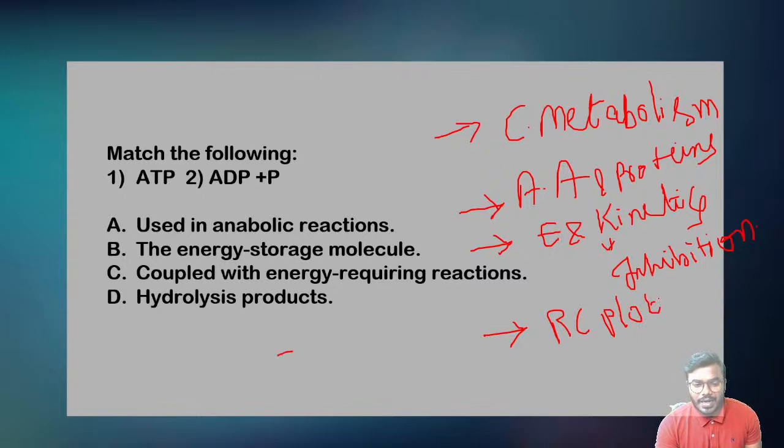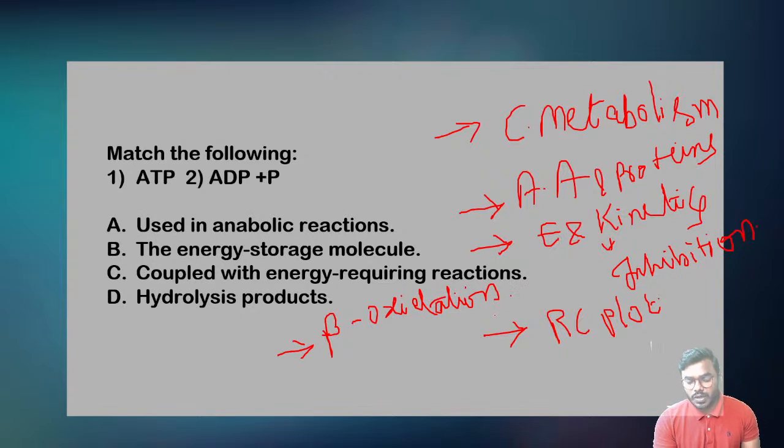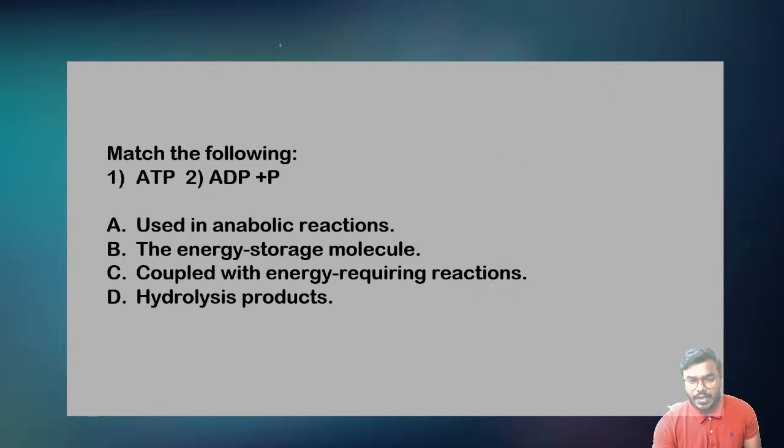And I will explain beta oxidation also. That is, beta oxidation is what? Fatty acid metabolism. So these are the 5 to 6 concepts that we are going to discuss in the chapter of biochemistry. So now let's start the carbohydrate metabolism.